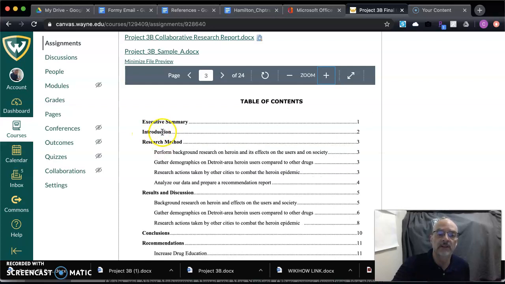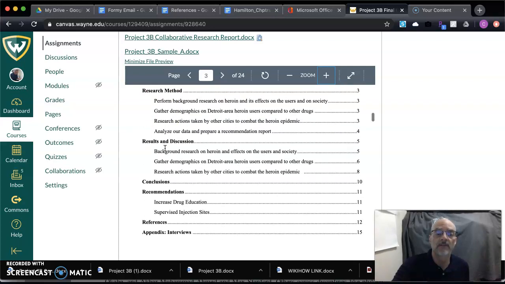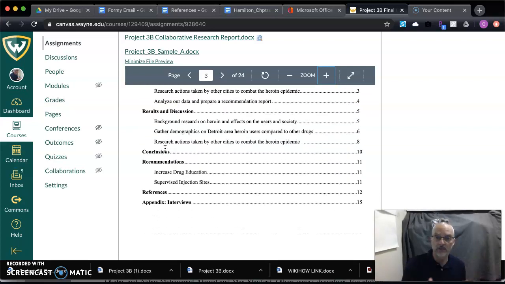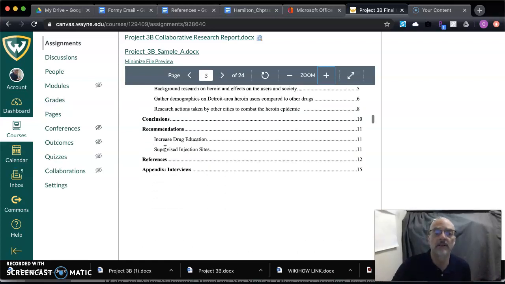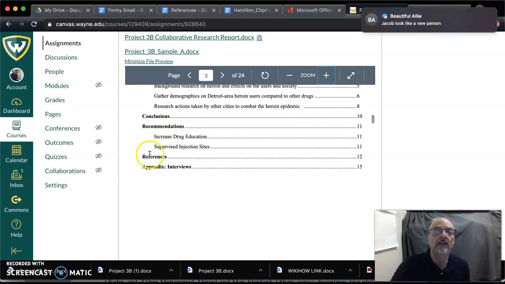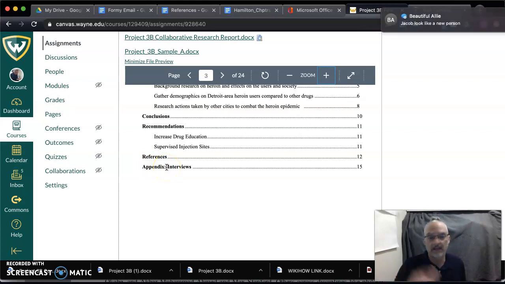Then we get to the introduction, and now we're talking about the body of the paper, 8 to 12 pages of very specific content. Then references and appendices, interviews in this particular case.